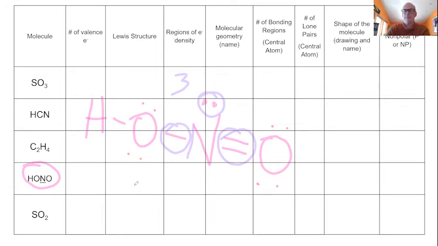The shape would be like this, so you'd have the lone pairs and then oxygens. So if something has lone pairs, the dipoles can't cancel out. With a single lone pair, there's no way that those two bonds can be equal and opposite because they're bent like that. They're bent out of shape.